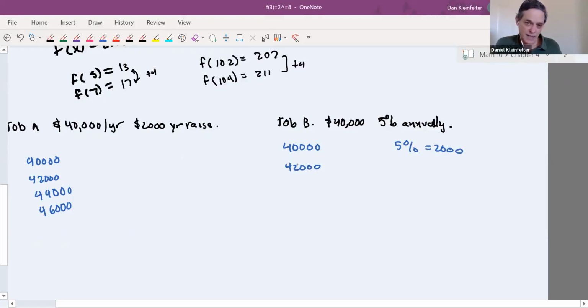And then the thing is that here, in going from the second to the third year, we're not just going to add in another 2,000, because your raise is 5%, and we need 5% of 42,000, and that's 2,100. Okay, so you'll be making 44,100. Then another year will go by.